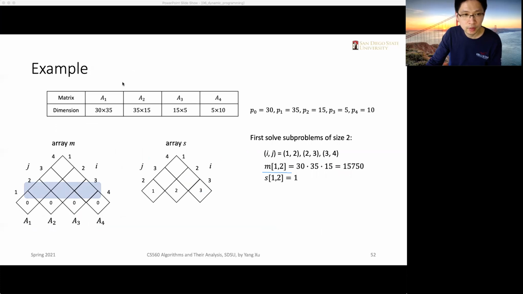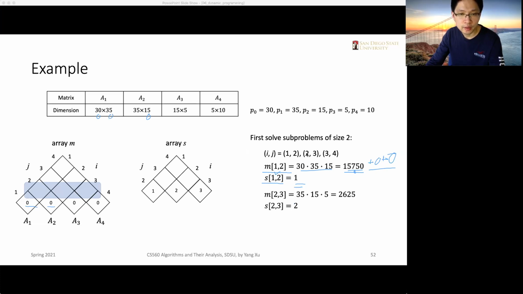So M12 would be 30 times 35 times 15, and of course we need to add 0 and 0, but these zeros mean nothing, so we write it like this. The only way to place the cut is between 1 and 2, so S[1][2] would be 1. We copy the 1 to this place.